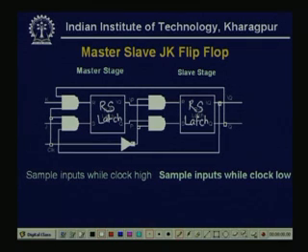Now, again it has two inputs, because it is an RS latch. So, actually two JK flip flops are attached.